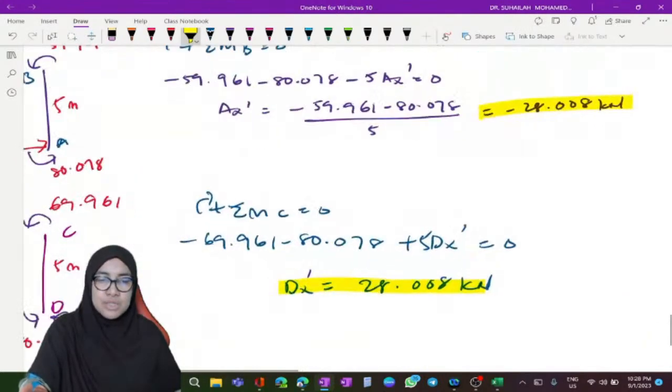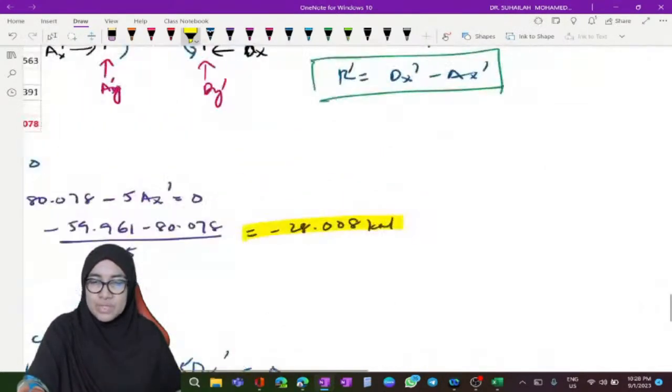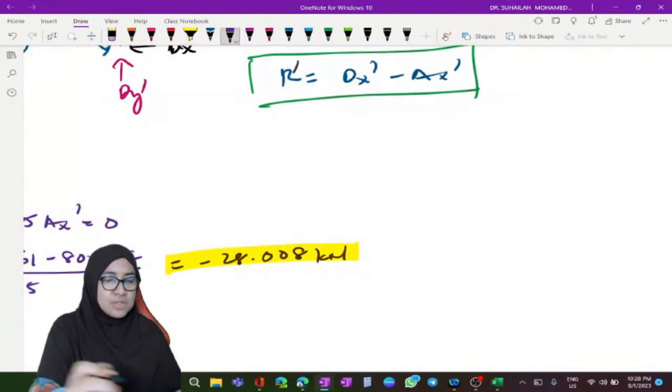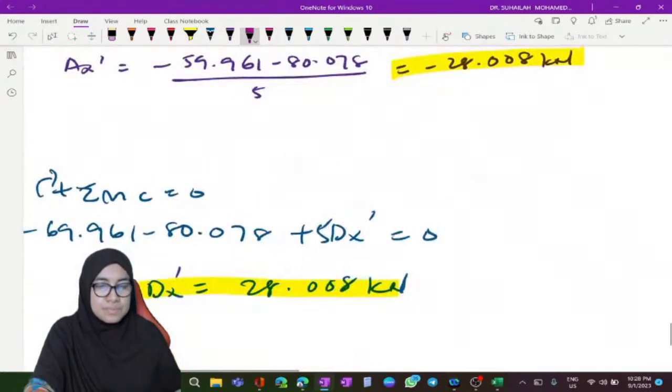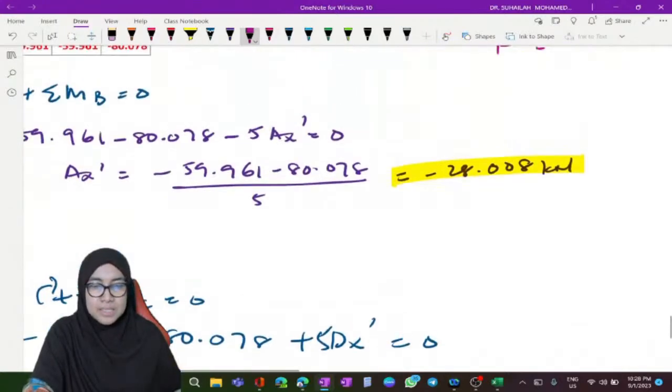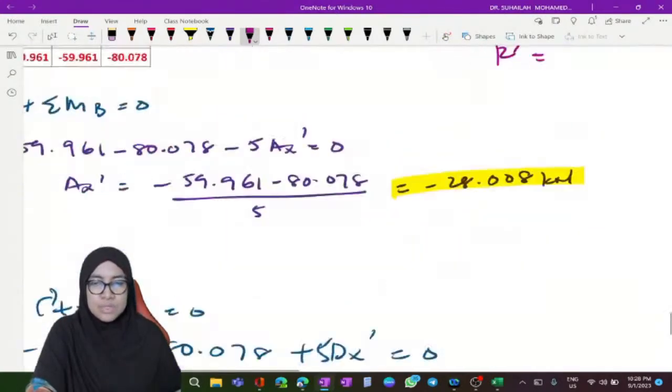So we substitute into the shear equation. Okay, so we get r prime equal to dx.